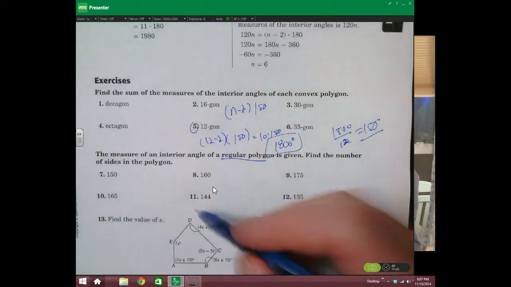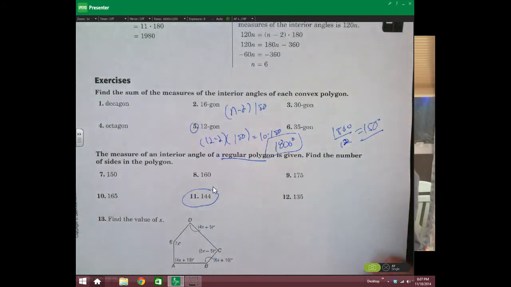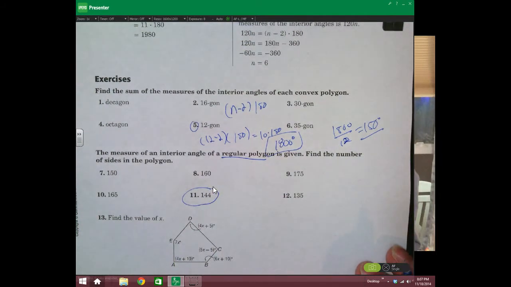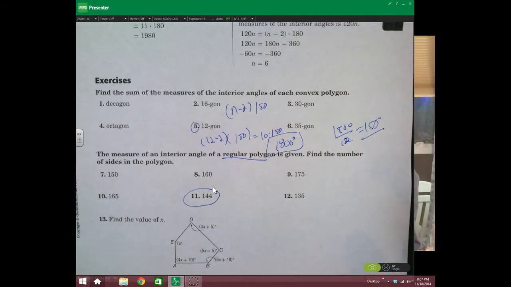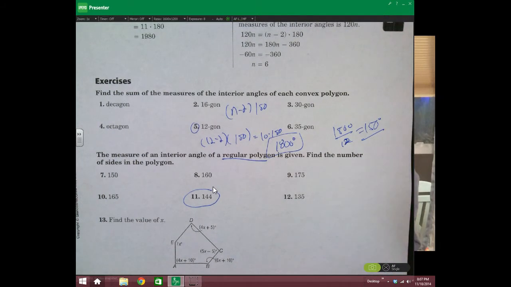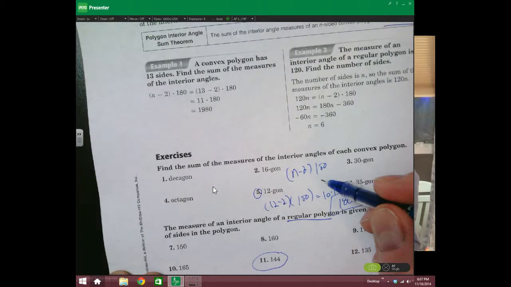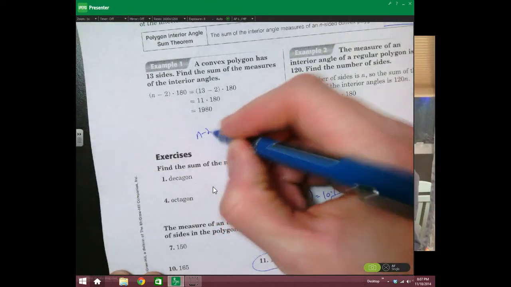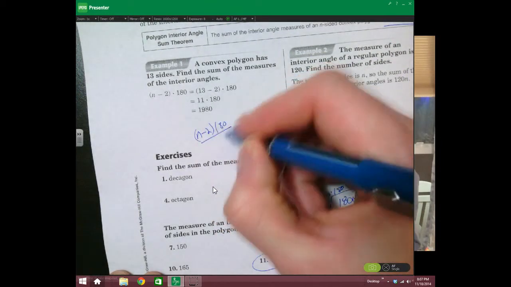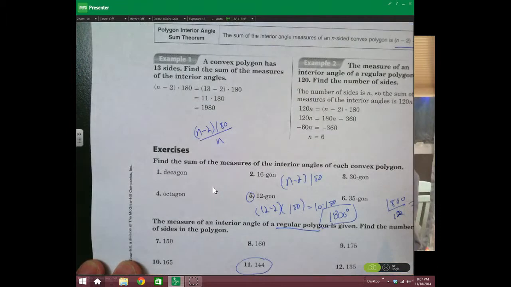Now, number 11, working backwards from this, is a bit more difficult because you don't know the number of sides. There's a formula that we talked about in class that if you know it's regular, you just take n minus 2 times 180, and then you divide it by the number of sides. That will give you the measure of one of those angles.